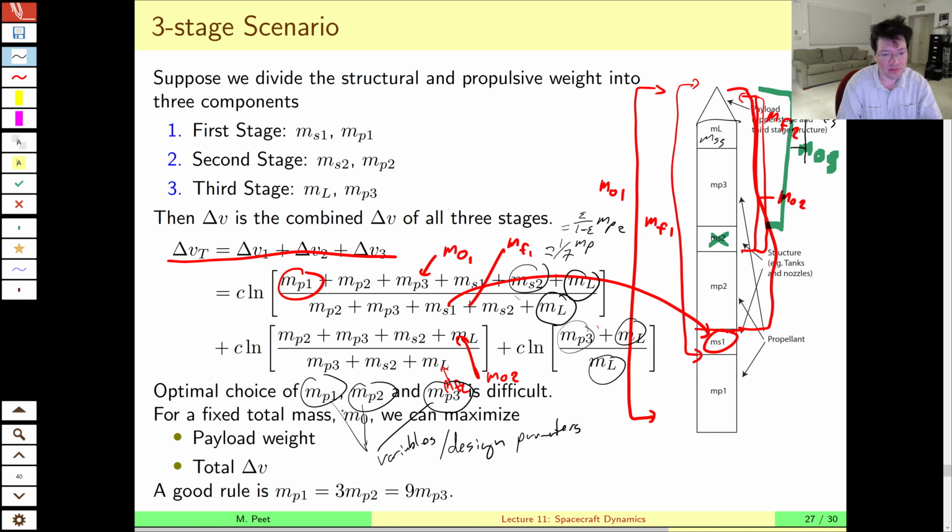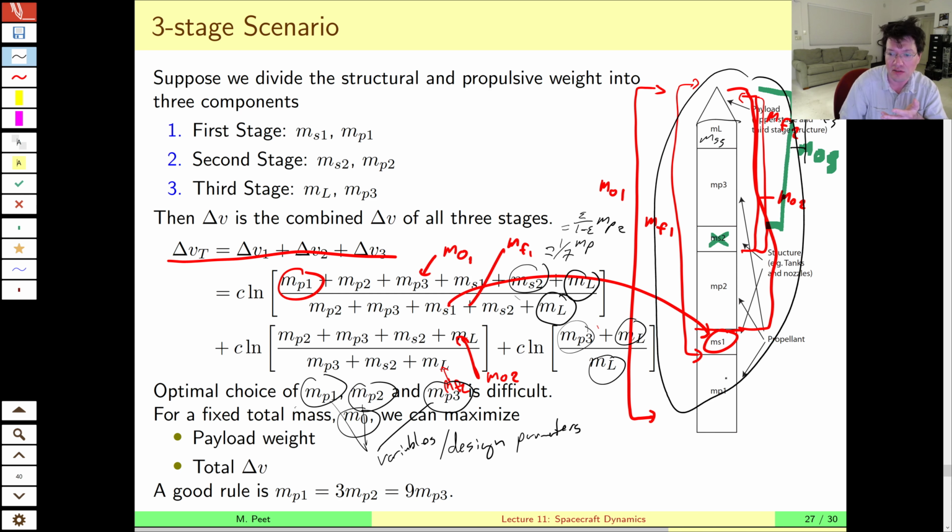So given that, we typically choose these variables to optimize something, right? All of life is an optimization problem. So we're choosing these variables to optimize something. One scenario, the one I'll show on the next slide, is we have a fixed wet weight, a fixed weight that the whole rocket has to satisfy.